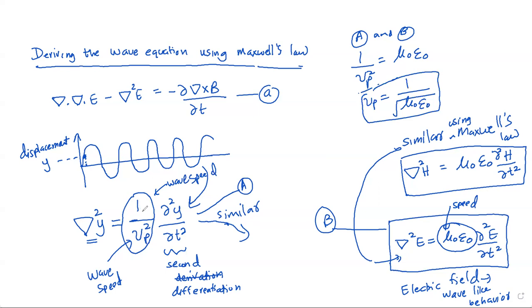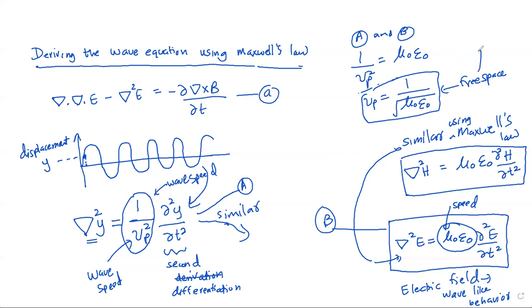Since we know the velocity of the wave is given by this constant, we can relate it to the mu naught epsilon naught. And then we can find that the wave velocity can be defined by epsilon naught and mu naught in free space. You know the values of mu naught and epsilon naught, and by substituting them, you can find the velocity of the electromagnetic wave in free space.